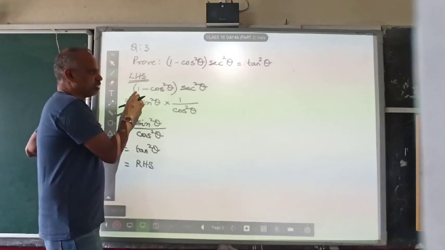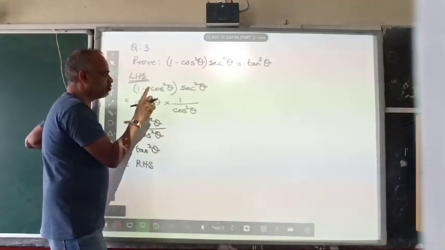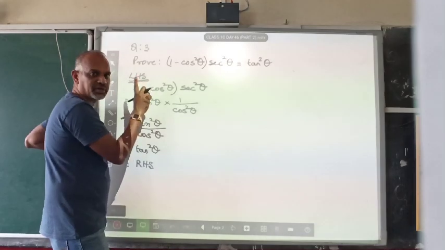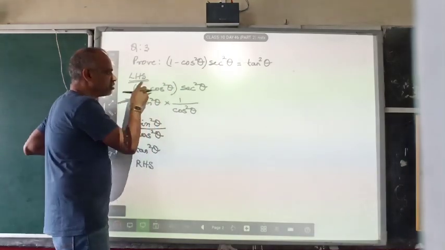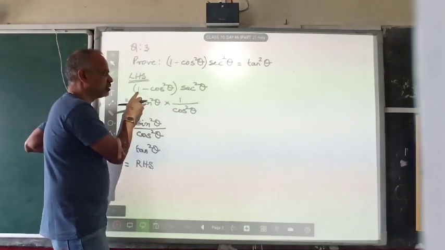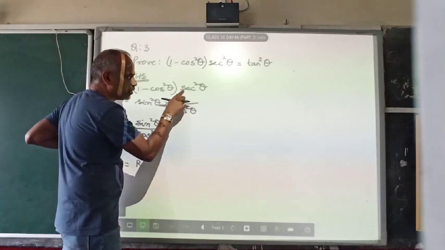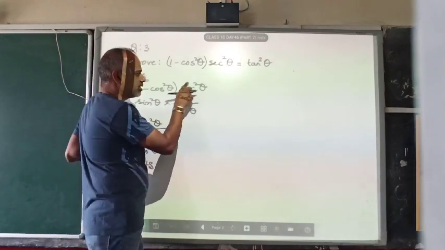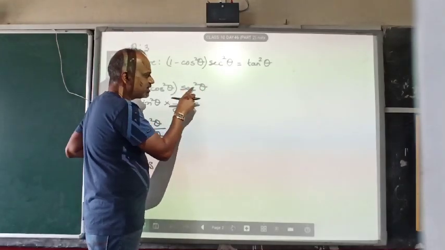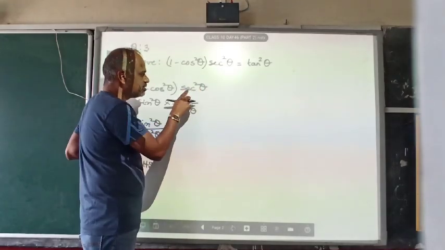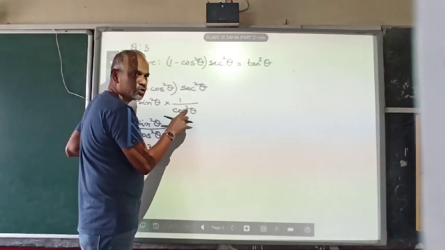Now, if you look at the trigonometric identities which I mentioned, one of the variations of the first trigonometric identity is 1 minus cos square theta can also be written as sine square theta. So 1 minus cos square theta becomes sine square theta into secant is the reciprocal of cos. So secant theta is 1 by cos theta, but this is secant square theta, therefore it is 1 by cos square theta.